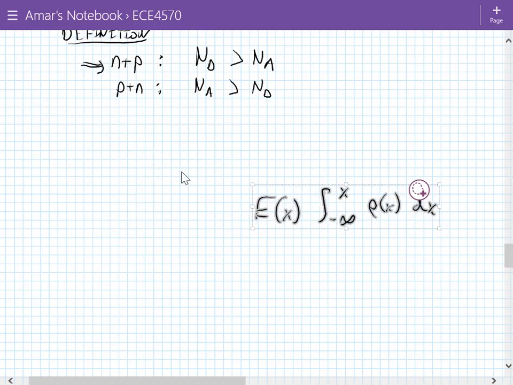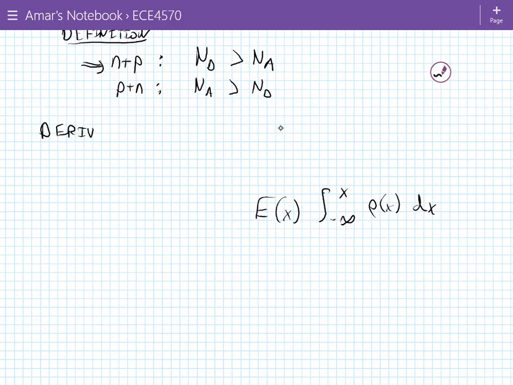What we're going to do right now is derive rho of x, E of x, and V of x in the depletion region.